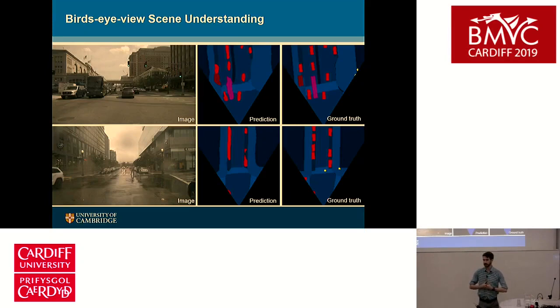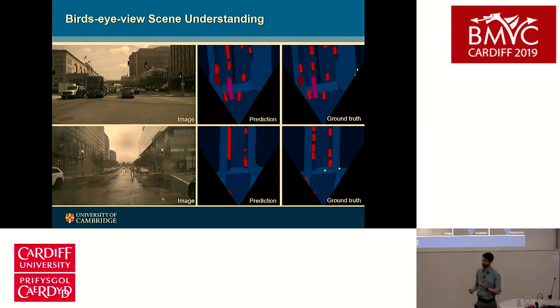Okay, so just to conclude then, I've talked a lot about 3D object detection, but I just want to make the point that this framework is much more general than that and applies to any situation where you're interested in building up a dense picture of what's going on in this 3D world in order to do dense prediction and planning.